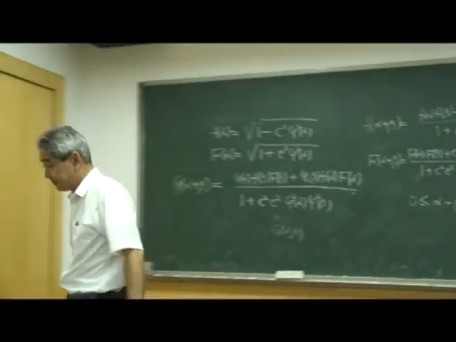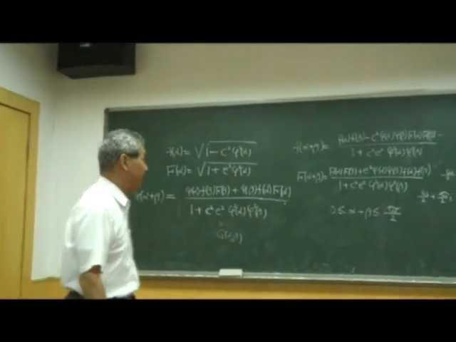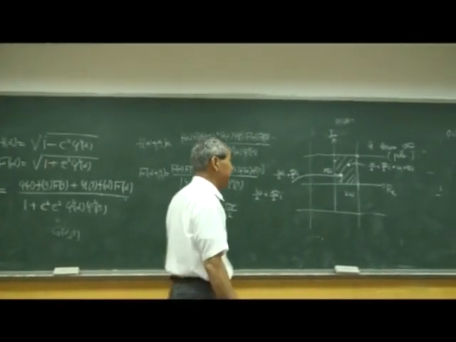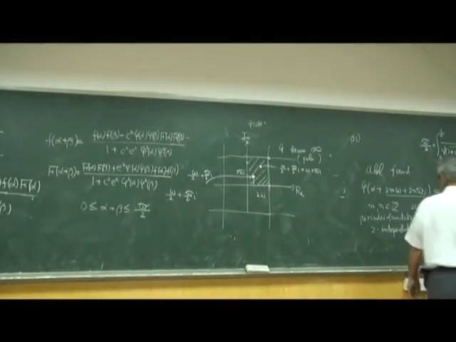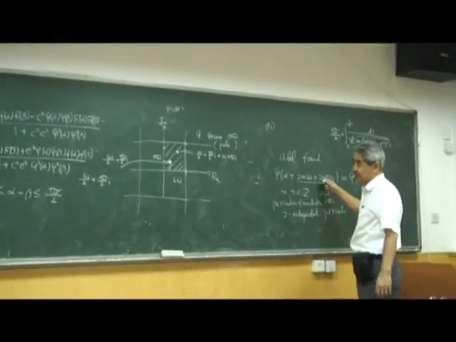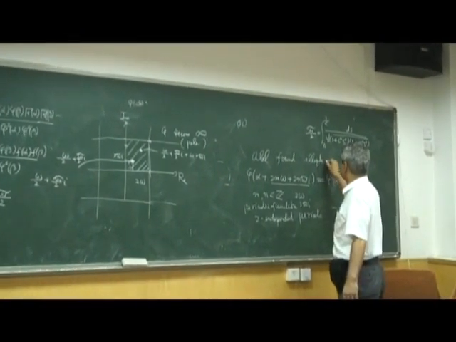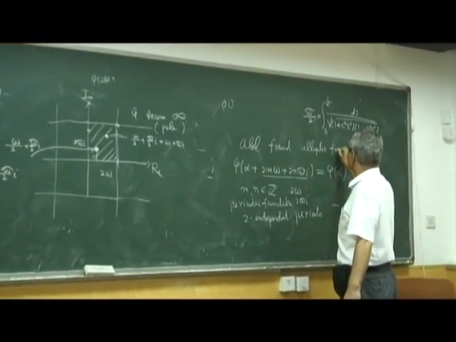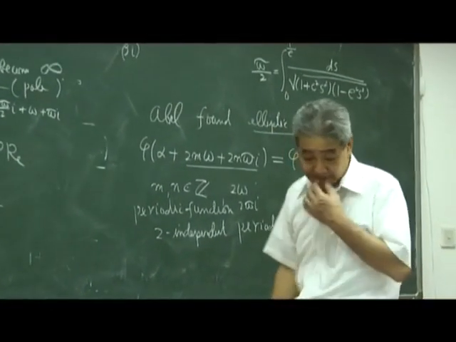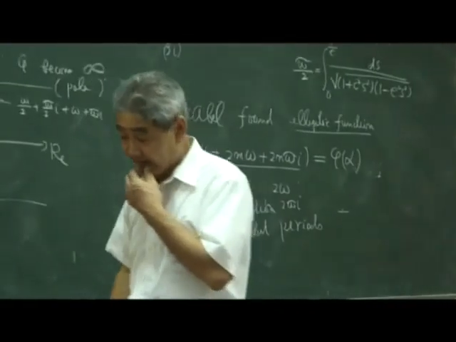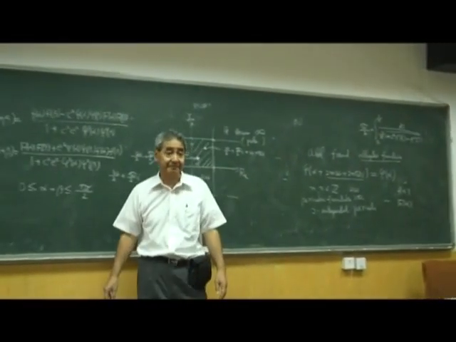So in this way, Abel succeeded in defining the sum function, which is a periodic function with two independent periods, and usually it's called an elliptic function.